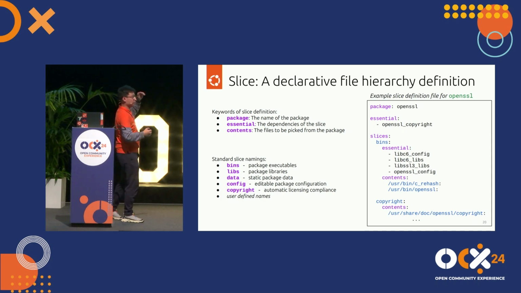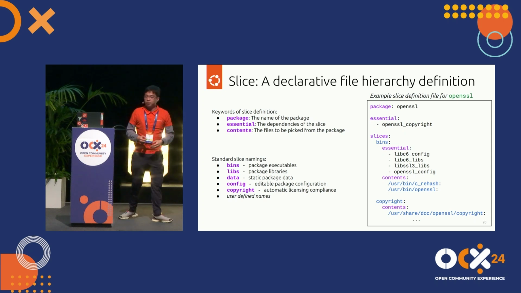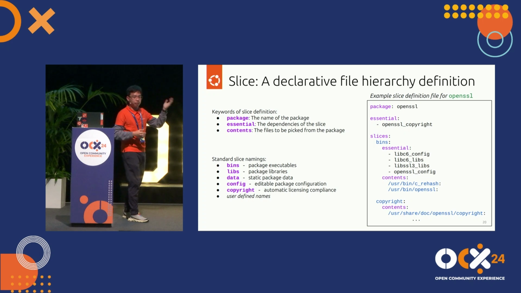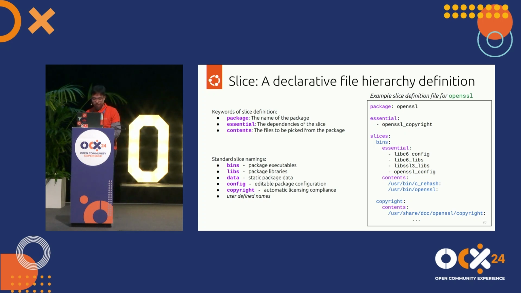Copyright is automatically included whenever you chisel any slices in a package. And this satisfies licensing compliance. And you can also add any slices to the slice definition file if you want, as long as the namings are reasonable.